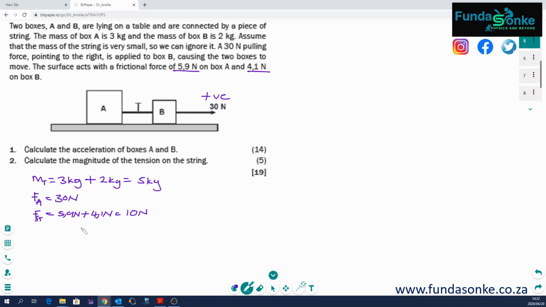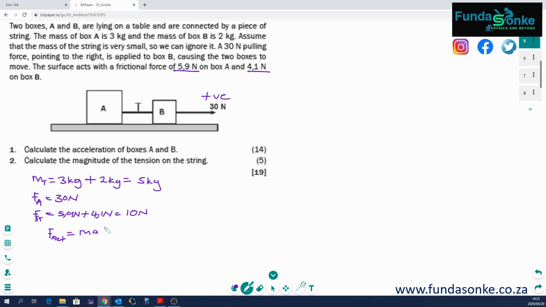So in this case now, I want to calculate the acceleration. Therefore, we're going to recall Newton's second law, where we know that the resultant force or the net force F net is equal to the mass of the system multiplied by the acceleration.